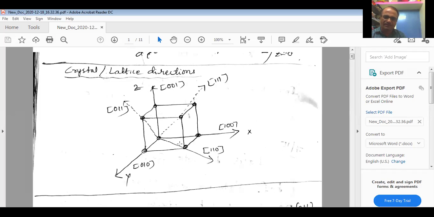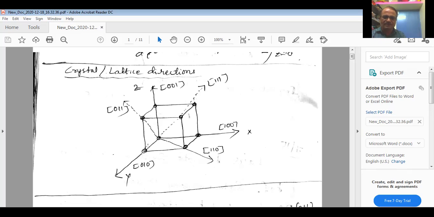So, what you are looking at is a cube. At this corner of the cube, we have fixed a three-dimensional coordinate axis. So this is the x-axis, this is the y-axis, and this is the z-axis. And what are these crystal directions?